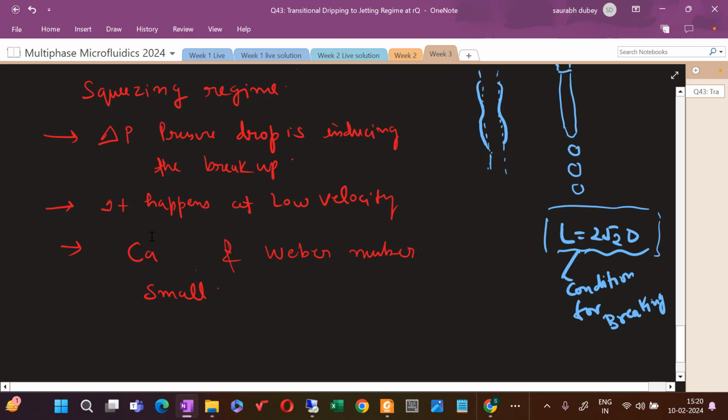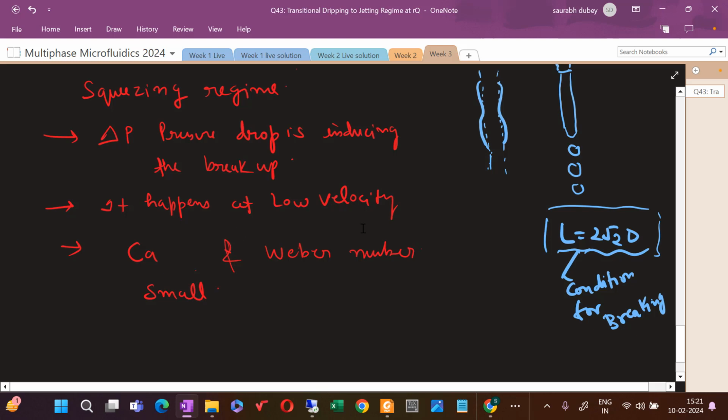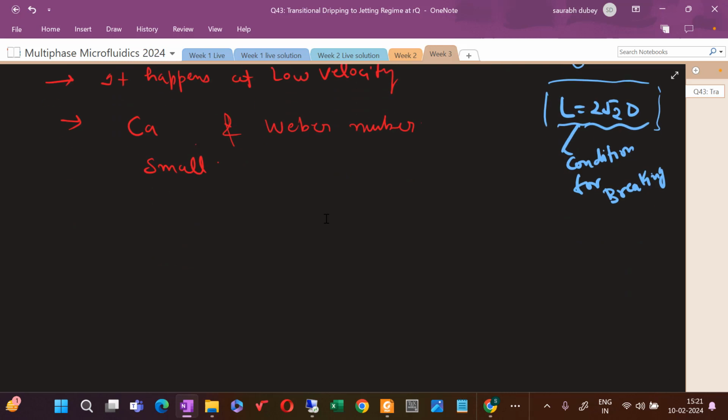The capillary number is one and the Weber number is another, and both have surface tension as one factor. The capillary number is the viscous force to the surface tension force.